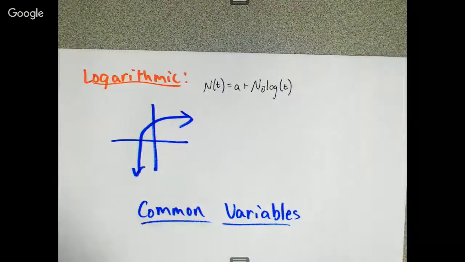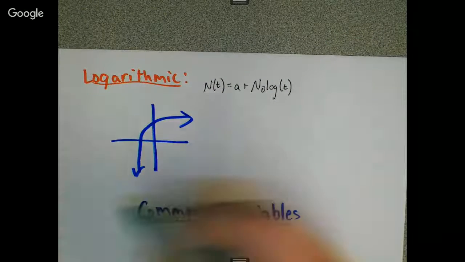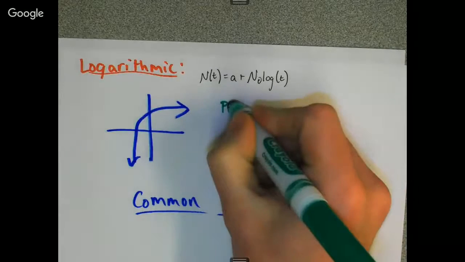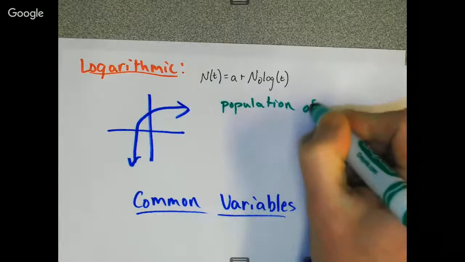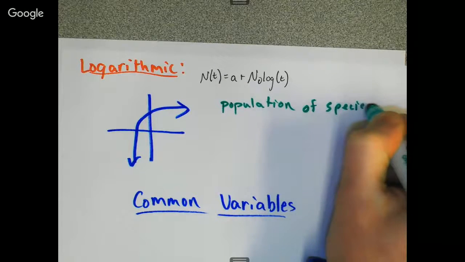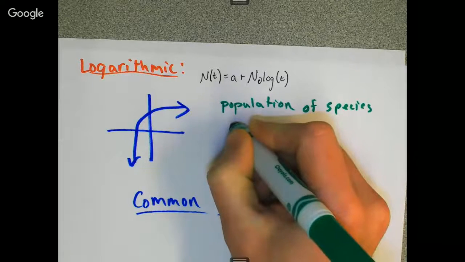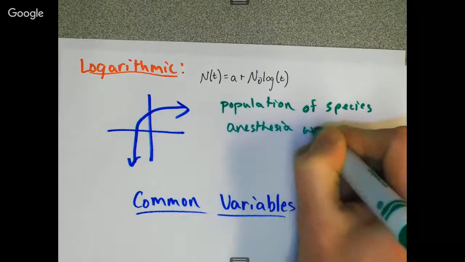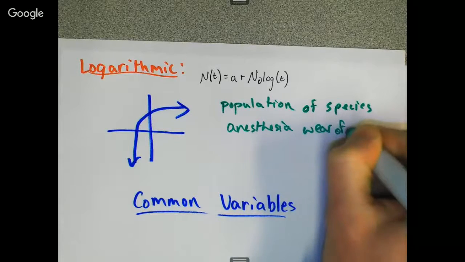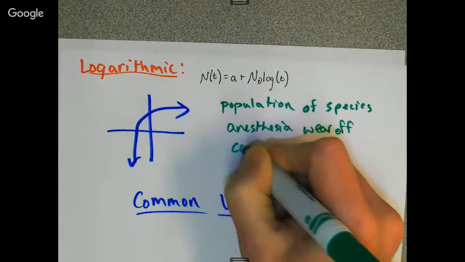And we have population of a species. We have anesthesia wear off. And credit card payoff.